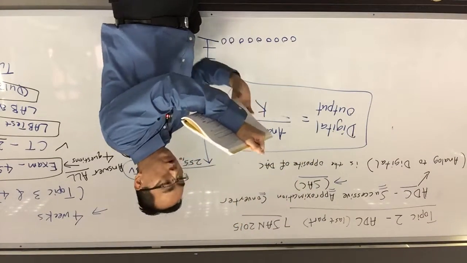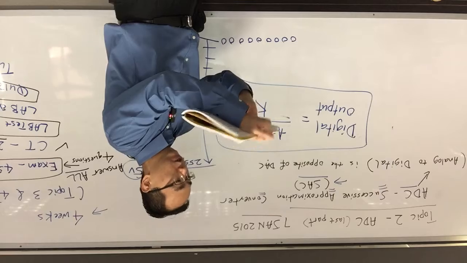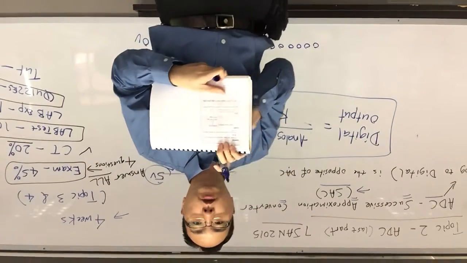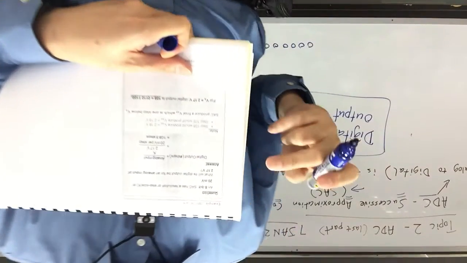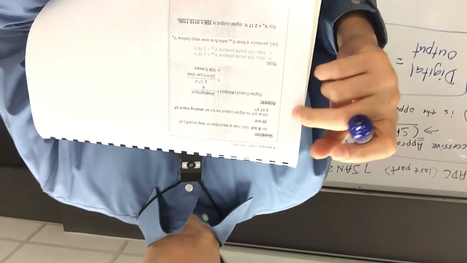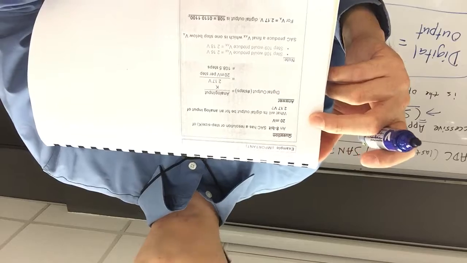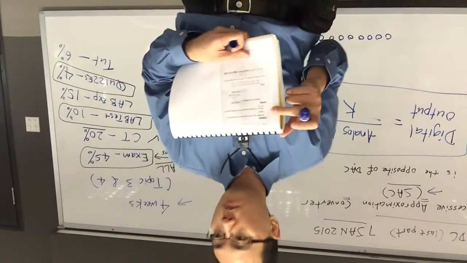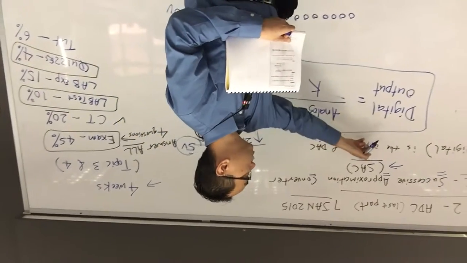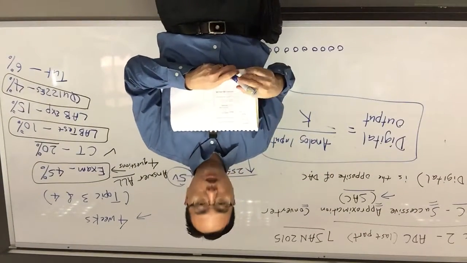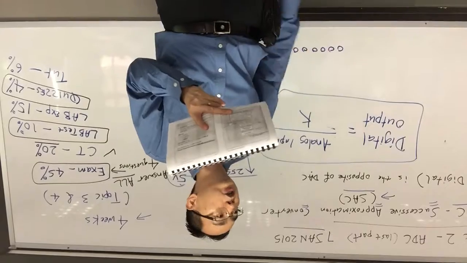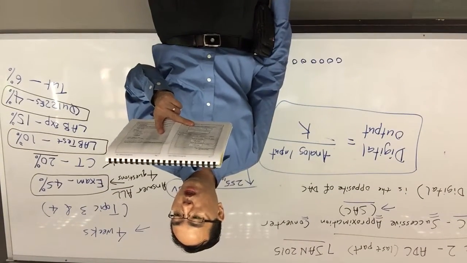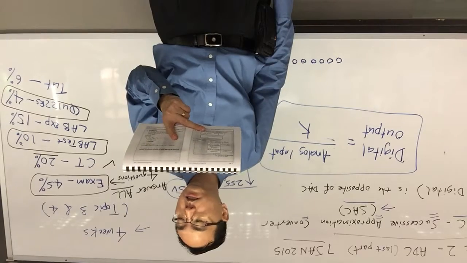Maybe if you can help me turn to the next page, page 13, and take a look at your survival guide. We have this example there. Just take note that the word SAC refers to successive approximation converter. If you look at that question, we have a case of an 8-bit SAC.